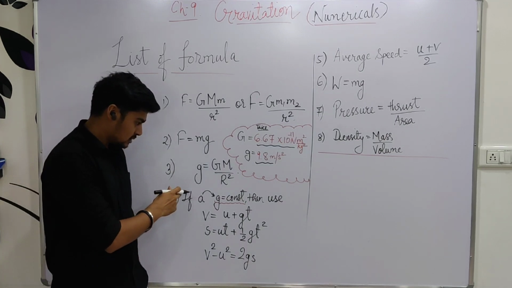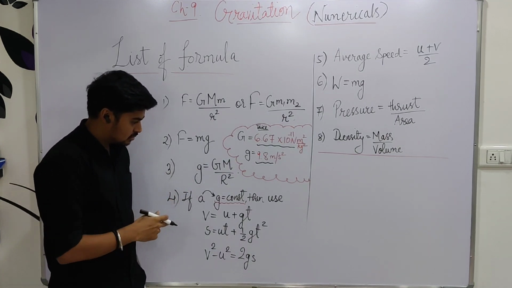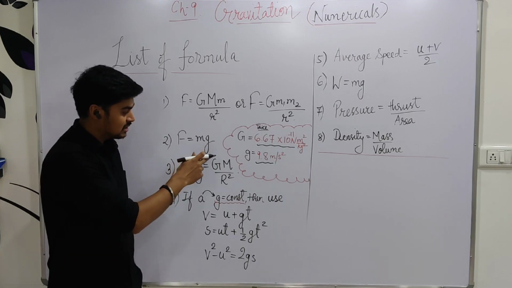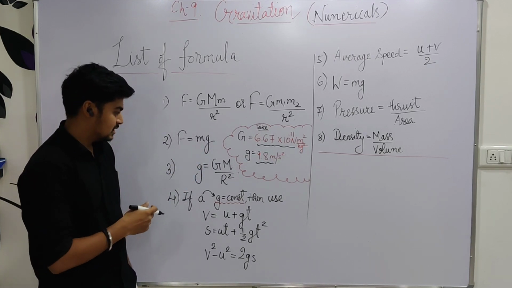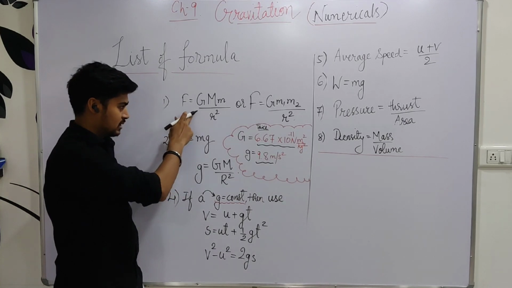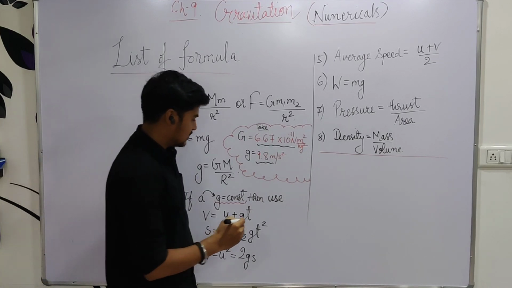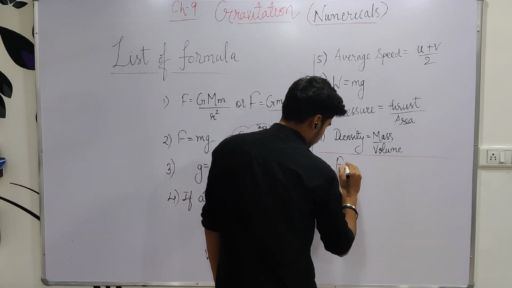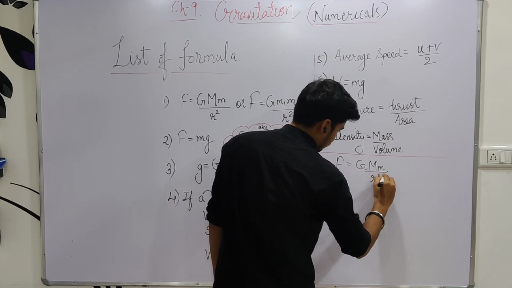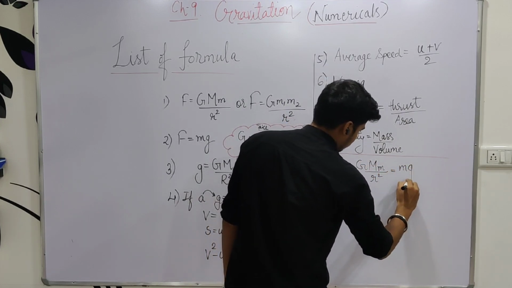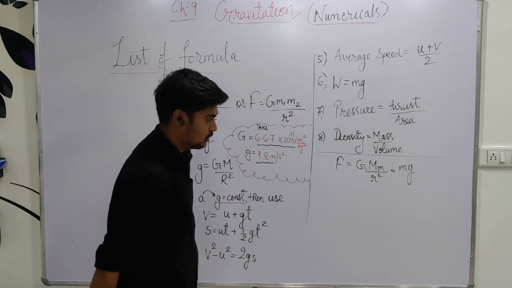Also we have one more formula, small g is equal to capital G, capital M upon r square. Basically, this formula is derived from these two formulas. Okay, let's see. Force was equal to G m M upon r square. Also, it was equal to mg, which was from the second law of motion.